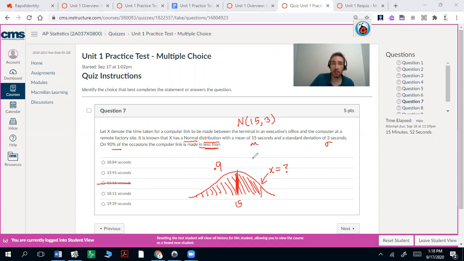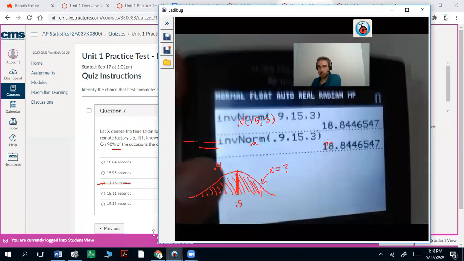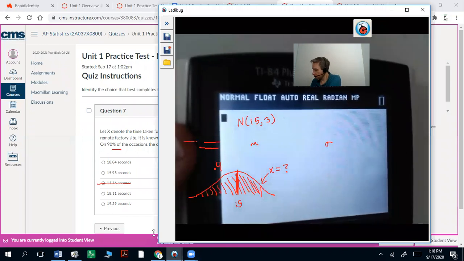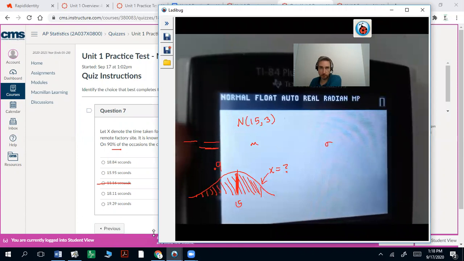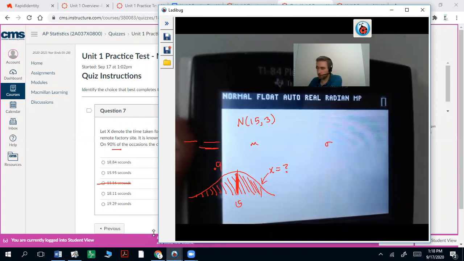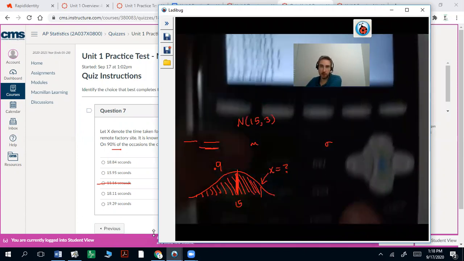So this is going to be an inverse norm. So for the inverse norm, do second vars.